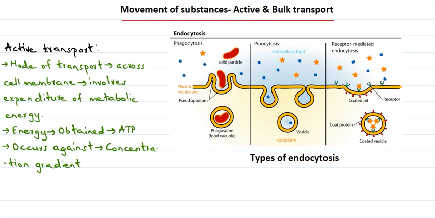And so it is also known as uphill transport, because it is taking place against the concentration gradient. The cells that are engaged in active transport show a higher rate of respiration, so the cells are able to accumulate substances against the concentration gradient.